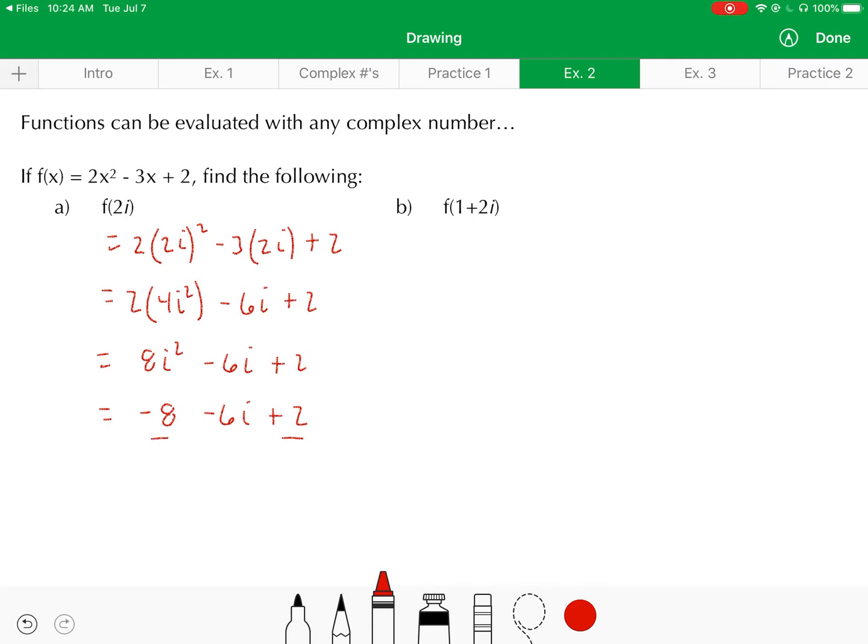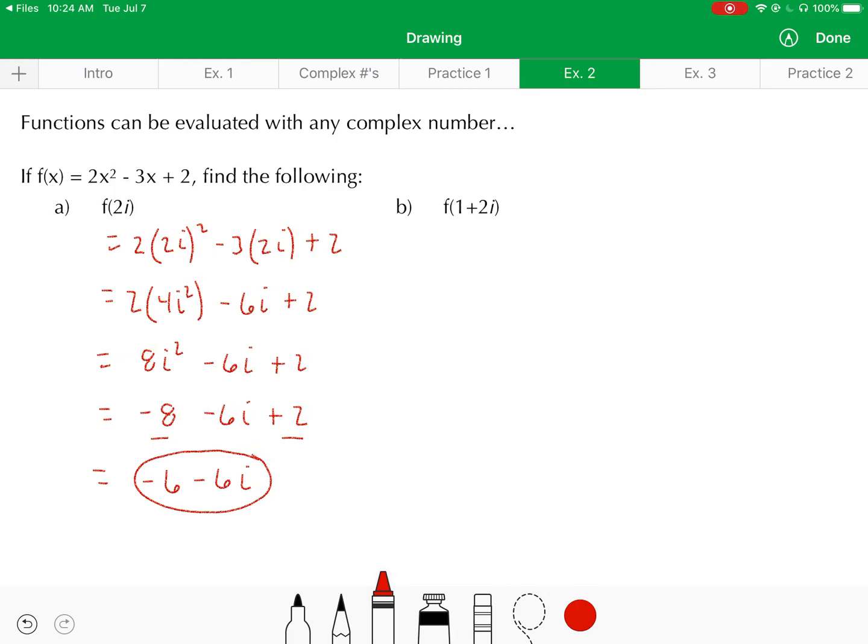So now we have some constants here that can combine, and I end up with negative 6 minus 6i. Okay, so notice how evaluating with this imaginary value, it resulted in a complex number for the function.